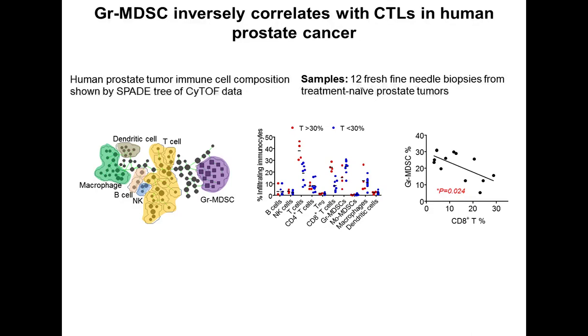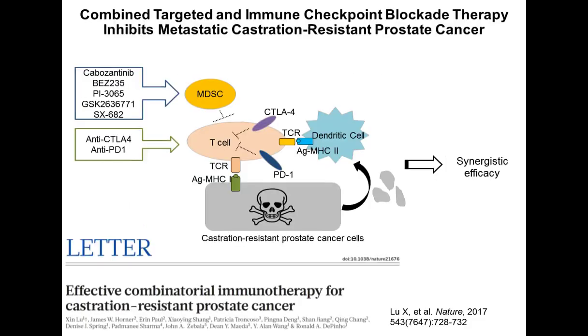This inverse correlation between granulocytic MDSCs and CD8-positive T cells in the clinic further corroborates the idea that we got from the mouse model, because in our mouse model we also have this inverse correlation, and granulocytic MDSCs as the dominating population of MDSCs. We also saw this in the clinical samples.